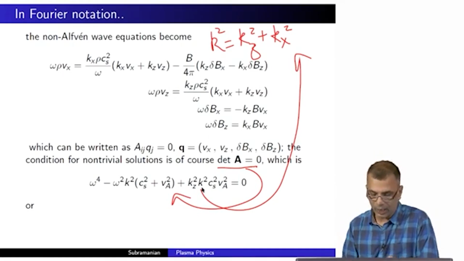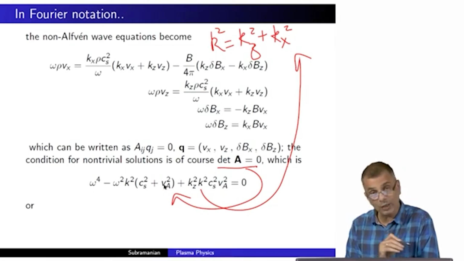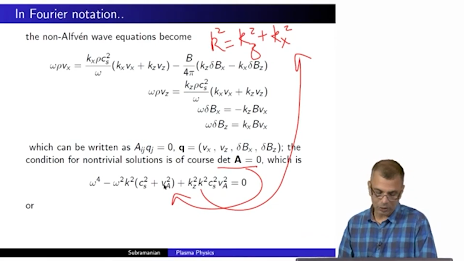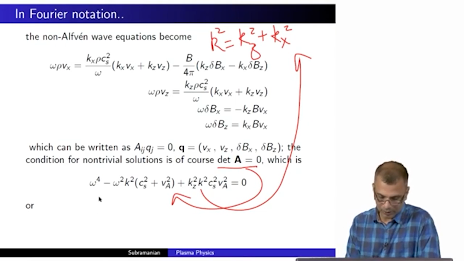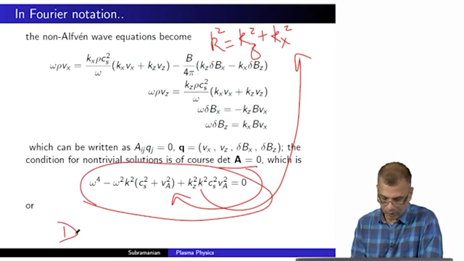And we have made use of the sound speed as well as the Alfvén speed. Both of these quantities we've defined earlier, right? So this whole thing is the dispersion relation.